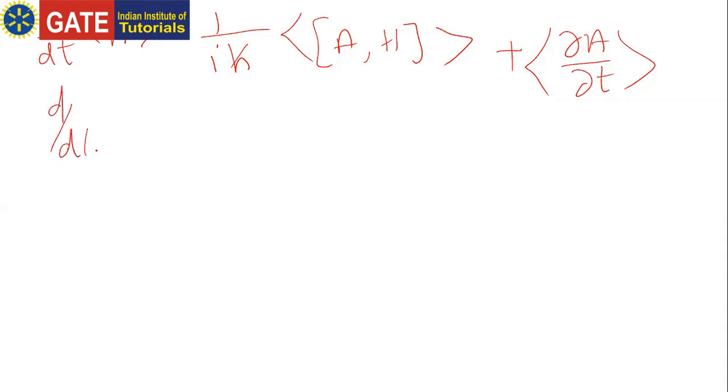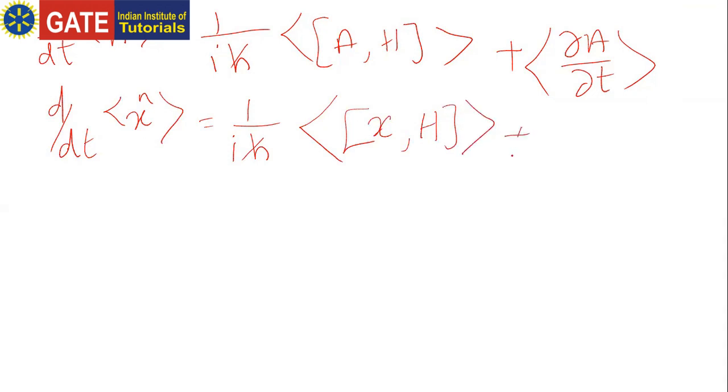Then what is d/dt of expectation x? Instead of A we can substitute x: 1 by iħ expectation of the commutator [x, H] plus ∂x/∂t.